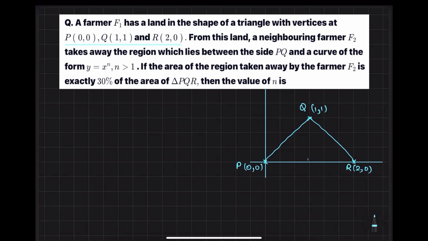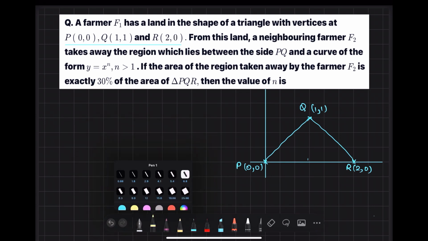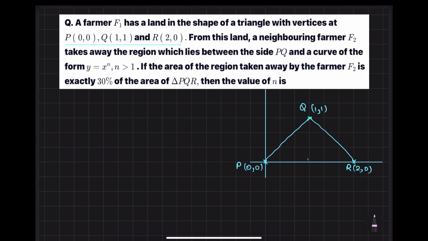Okay. From this land, a neighboring farmer F2 takes away the region which lies between the side PQ, they're talking about this side, okay, PQ, and the curve y equals x power n, where n is greater than 1. So look at this.